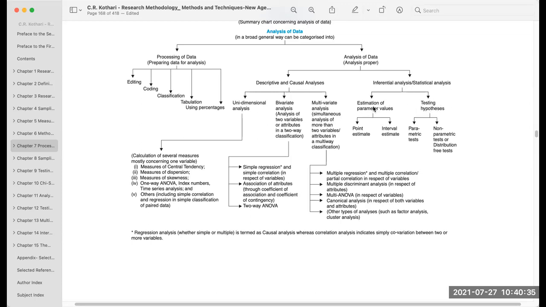And some estimation of the parameter value, like point estimate and interval estimate, can be performed in the statistical analysis. So depending upon what kind of relationship and what kind of objectives you have for a particular problem, you can choose what kind of analysis you should go for using your data from this chart, right?